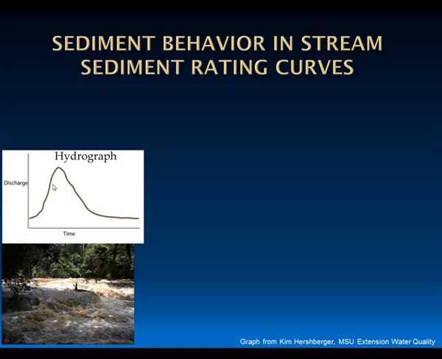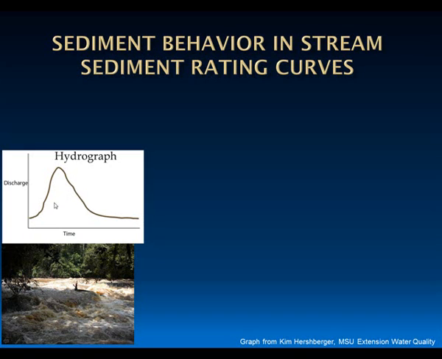People who are fishermen understand this because streams get blown out in the spring. So this is a classic snowmelt hydrograph, and during this time of year the streams are blown out or have a lot of sediment in them, and it's not a good time for fishing. But as the flow starts to drop back off, the sediment levels drop, and the water gets clearer.